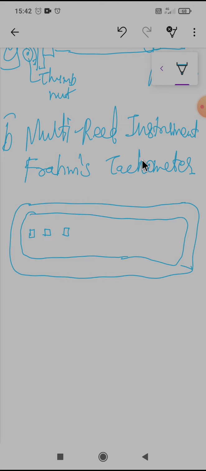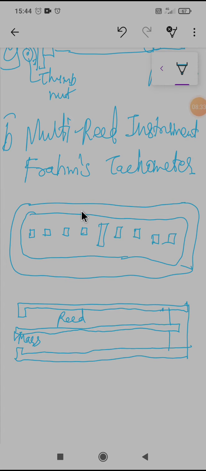There are so many strips. So this instrument, as you can see here, consists of a number of reeds with white tips arranged in the box with a dull interior. The interior here is very much dull. It is just a black color interior.